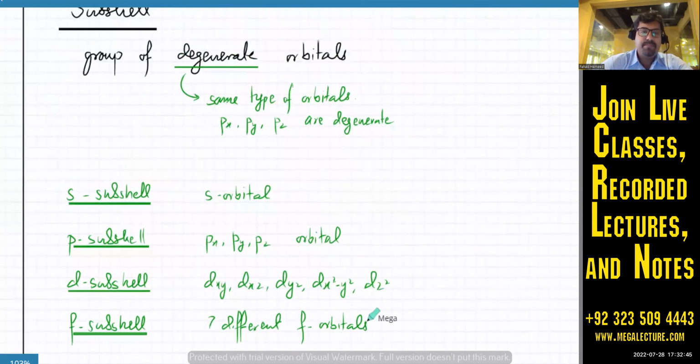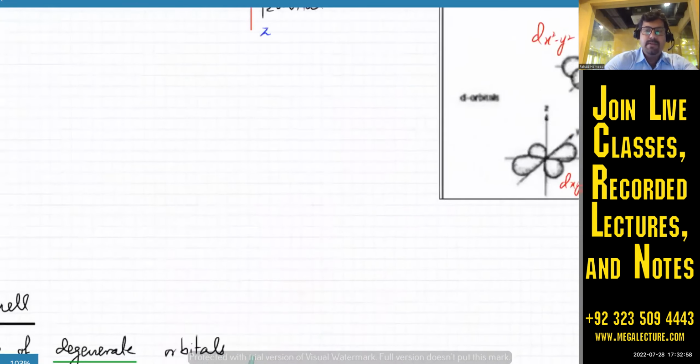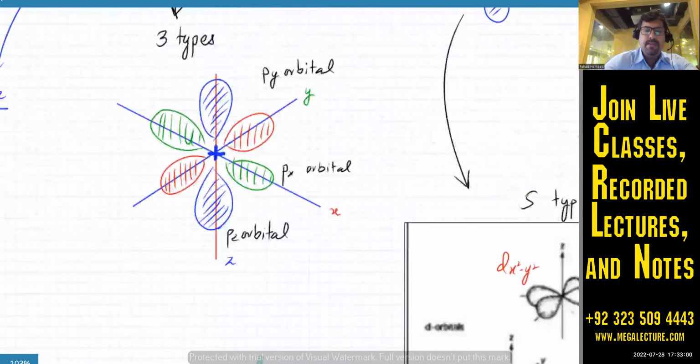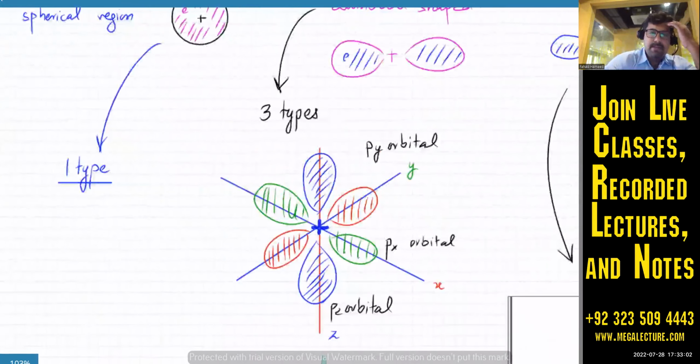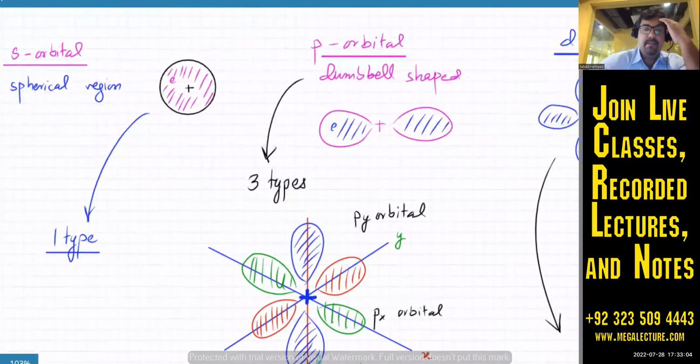So coming back to orbitals. One thing that we did not discuss is how many electrons can an orbital accommodate? If there's a spherical orbital, how many electrons can actually fit into it?